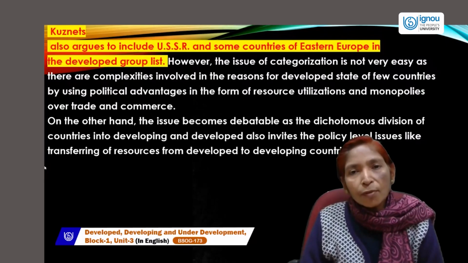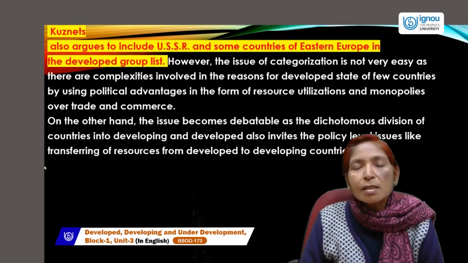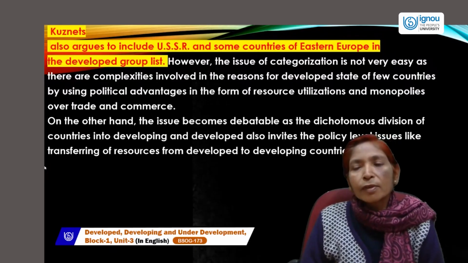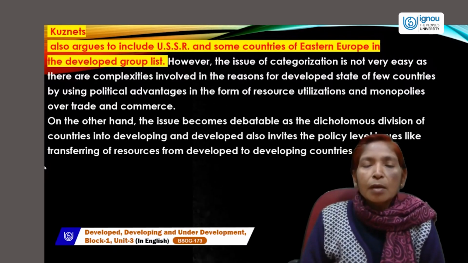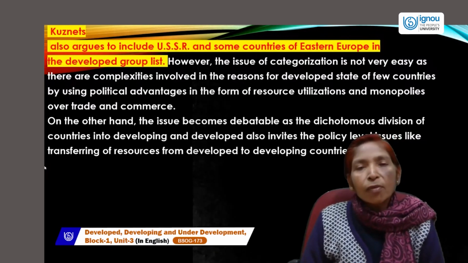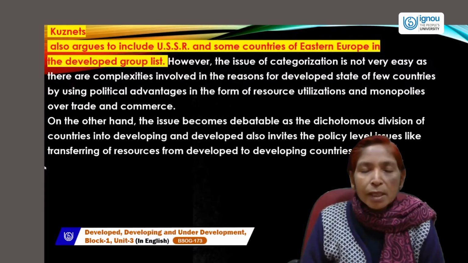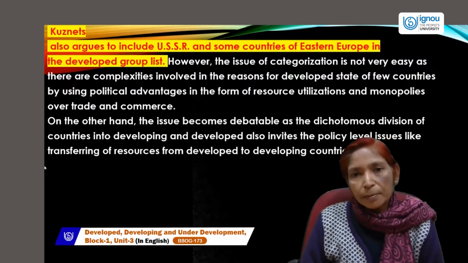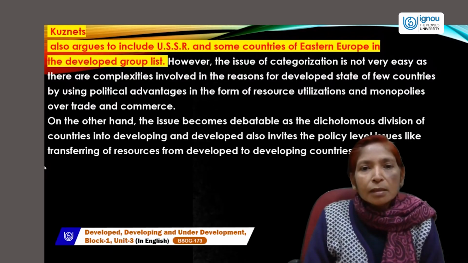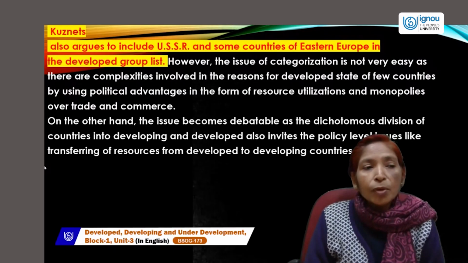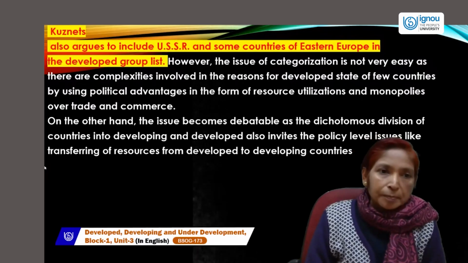However, the issue of characterization is not very easy as there are complexities involved in the reasons for the developed state of a few countries by using political advantages in the form of resource utilization and monopolies over trade and commerce. You know that some countries have great monopoly power over using the available resources and they have monopoly over trade and commerce.